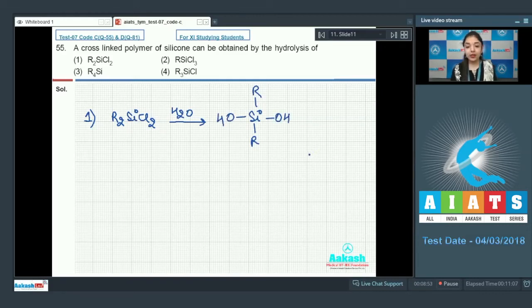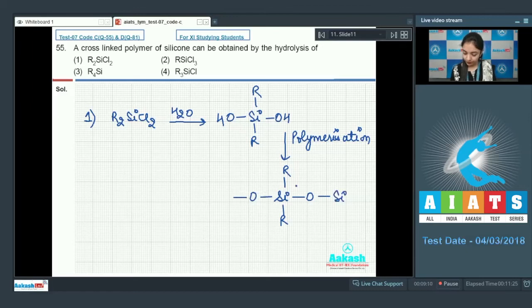Okay. So it can undergo polymerization. So on polymerization, it forms a straight chain polymer like this. Fine. So this is a straight chain polymer, not a cross-linked polymer.